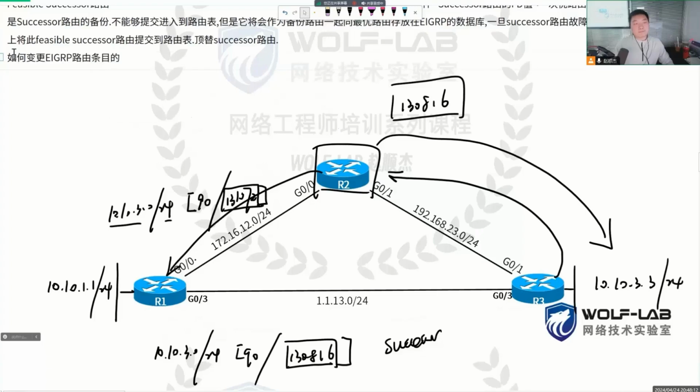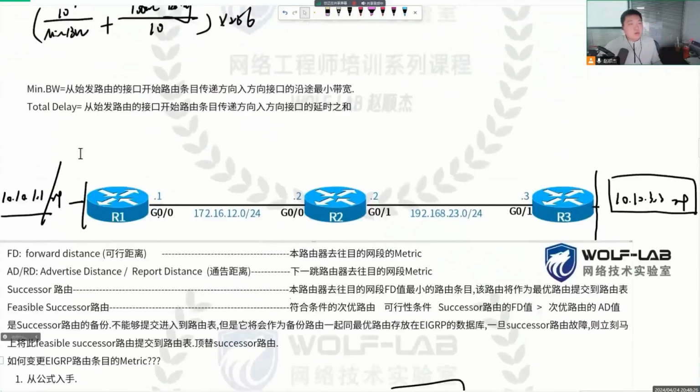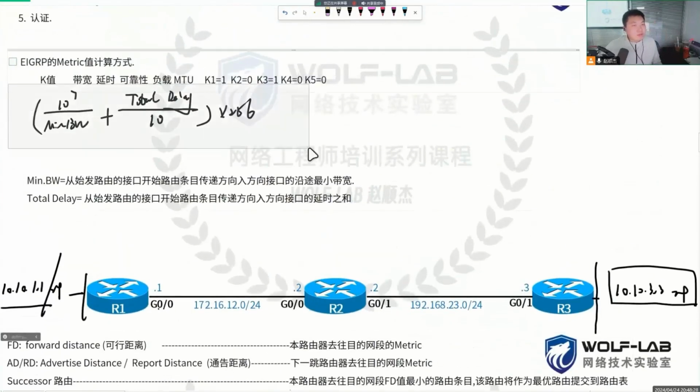First and foremost, the simplest way is to start with the formula, which we introduced earlier, for calculating EIGRP route entries using our K values. If the default K values are 1, 0, 1, 0, 0, then the formula involves only two parameters, the minimum bandwidth along the route and the sum of the delays divided by 10.